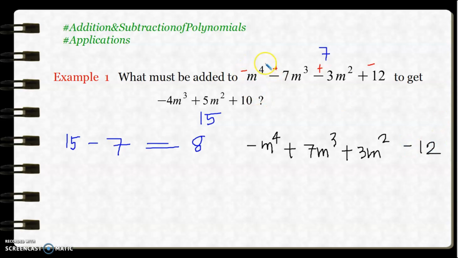Make sure that you have written everything legibly. Let's double check: negative, then positive, positive, negative. And this is the subtrahend with signs changed. The minuend we write on top.